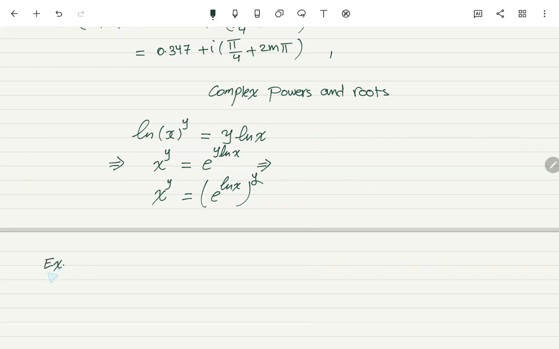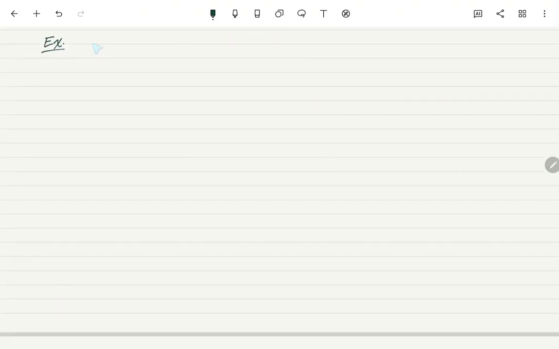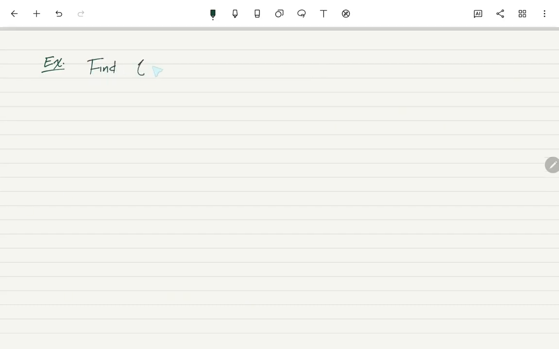Example, find i to the power minus i. To solve this one here, now i to the power minus i equal to e to the minus i ln i, and i in this case equal to e to the i pi over 2 plus 2m pi, because r in this case it's equal to 1 and theta equal to arctan of y over x, which is 1 over 0, so it's pi over 2.